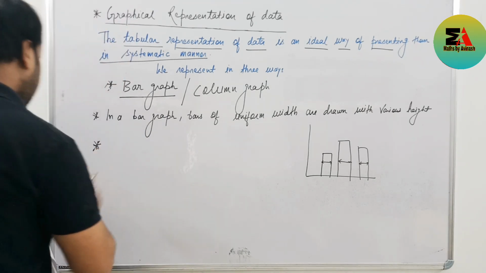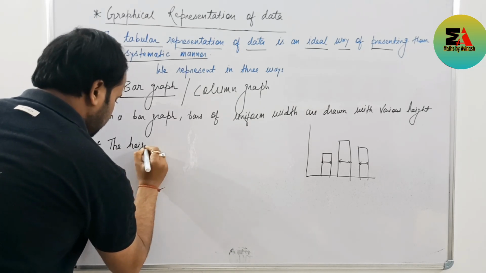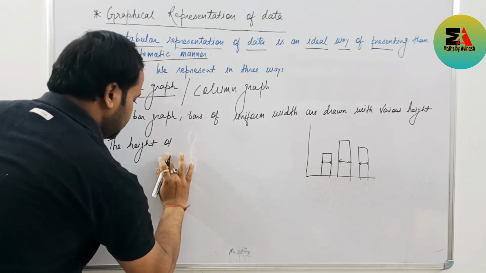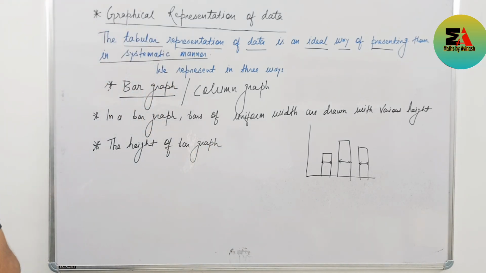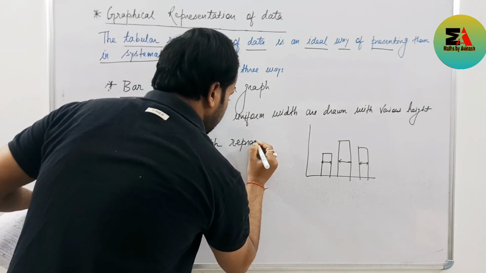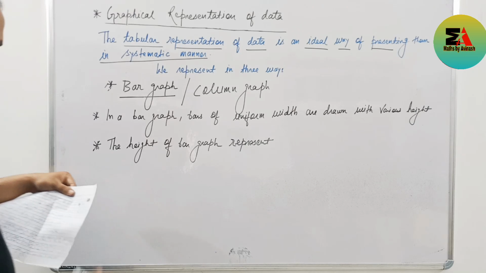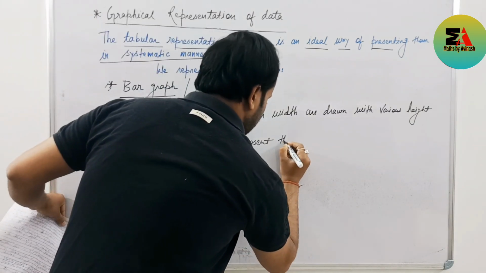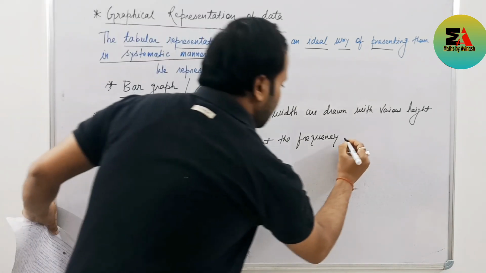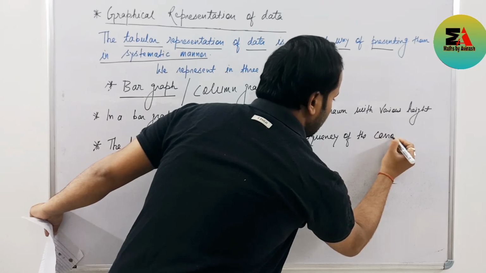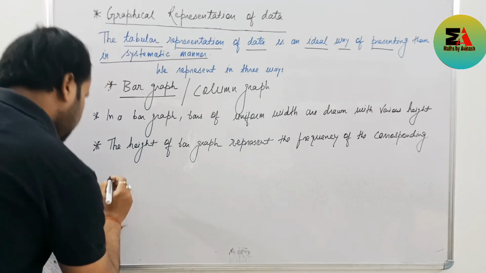Now the second point is: the height of the bar represents the frequency of the corresponding observation.